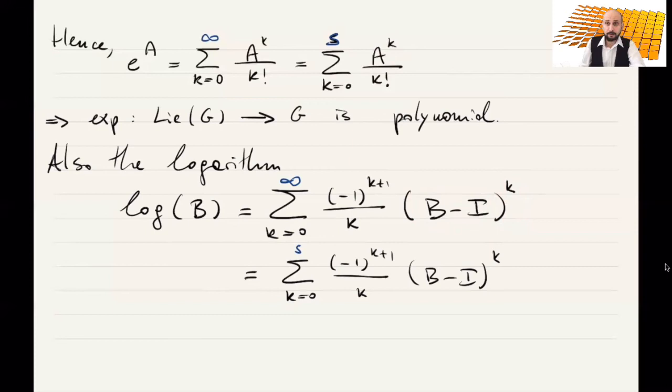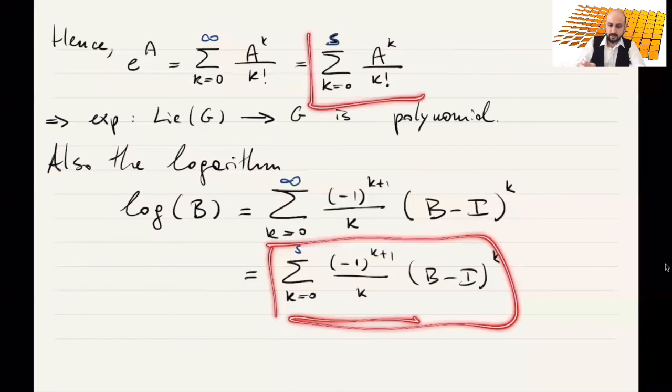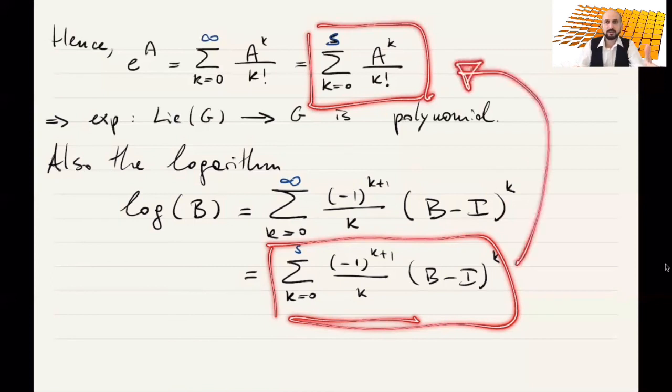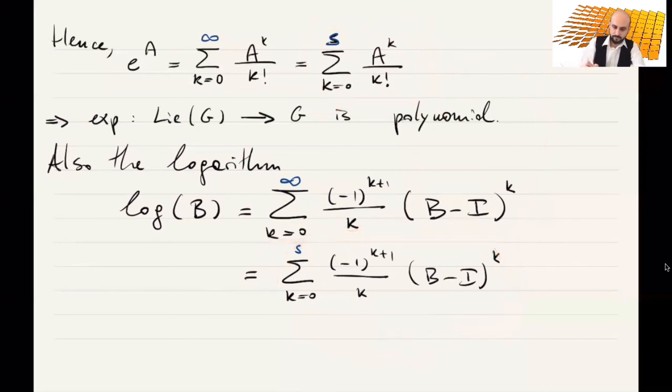So it's a global map. And these two polynomials, we know that they are inverse of each other in a neighborhood of the identity, right? But if you compose two polynomials, and you know that on an open set the composition is the identity, it is the identity everywhere. Therefore, they are global inverses of each other.